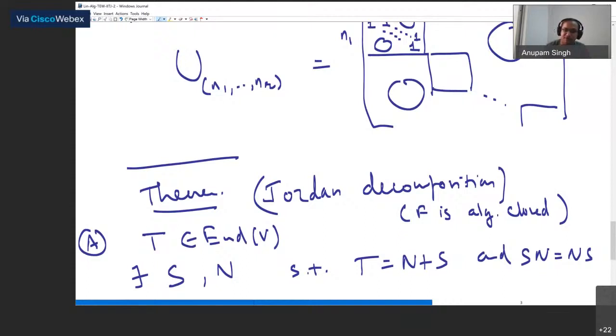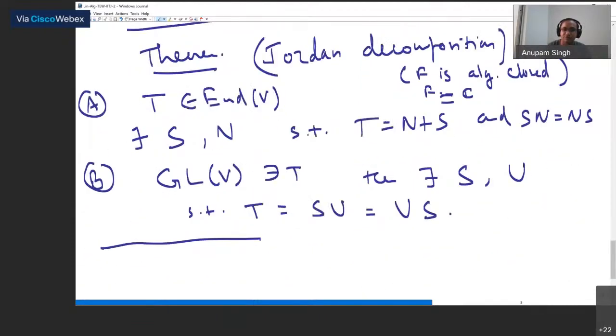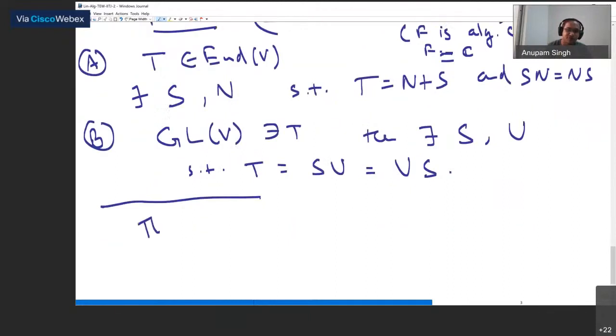So for example, F could be the complex numbers. This is certainly true for that. And then we wrote down this theorem, where we found the nice representative, which is called the Jordan canonical form.